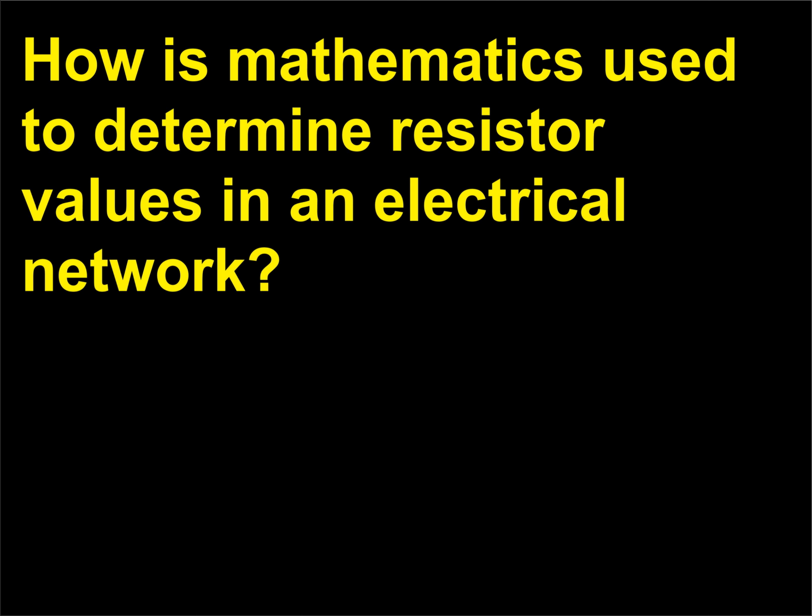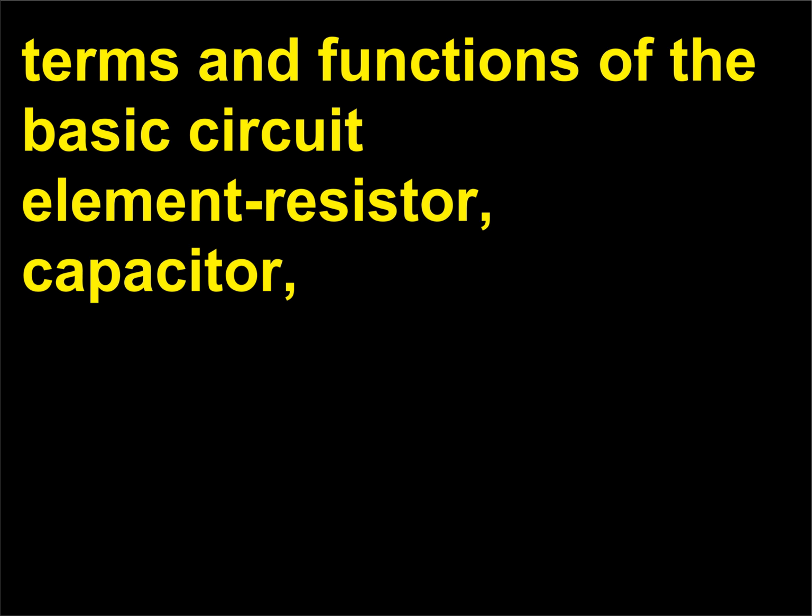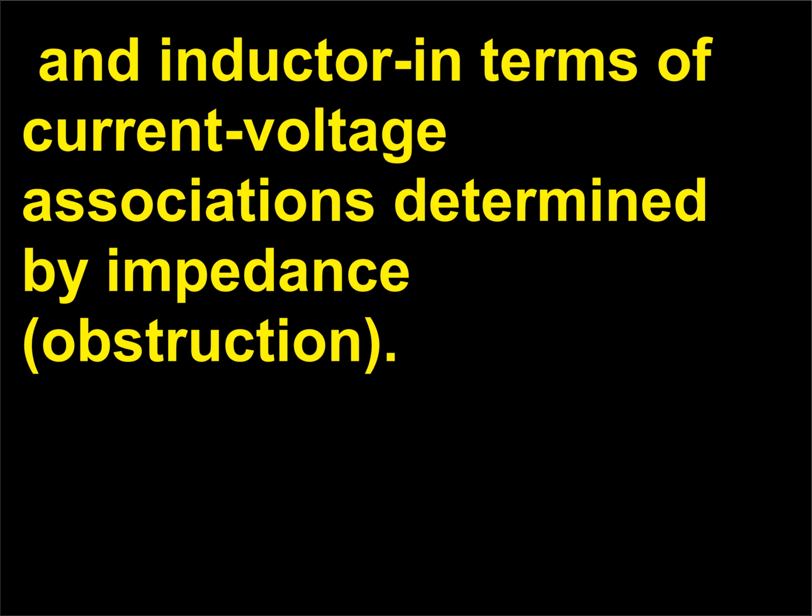How is mathematics used to determine resistor values in an electrical network? Electrical engineers who deal with systems and circuit theory need to know the terms and functions of the basic circuit elements resistor, capacitor, and inductor in terms of current-voltage associations determined by impedance, obstruction.